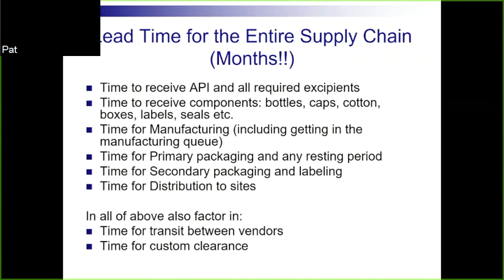Once it's packaged, it typically comes into an operation like ours, and we do the kit assembly, labeling, and distribution. If we were to go from beginning to end here, sourcing the API all the way to having material ready for distribution to sites, we're probably looking at least 6 months. So again, it's really critical to have the plan in place as soon as possible.